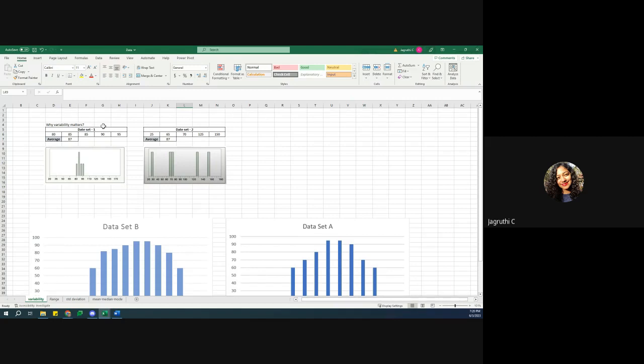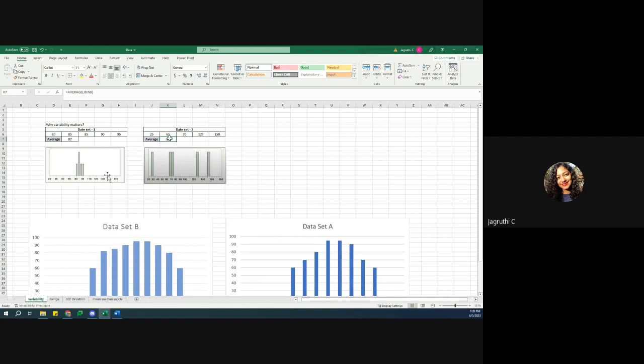Now let's say you have two data sets here. One data set has five elements, some random numbers. The other data set is again a set of five random numbers. If you take the average, which is the sum of all the elements divided by the number of items, here it's 87, and here again it's 87.